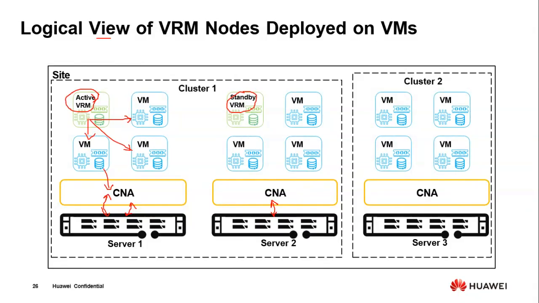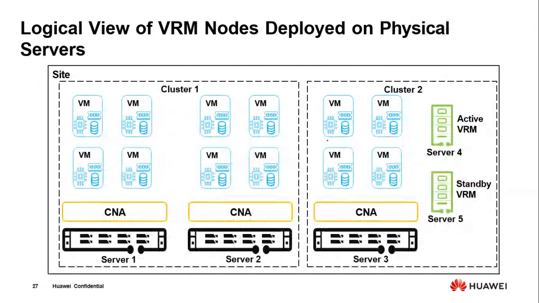If it is a standby VRM, it means that it's not used until when it's necessary. Basically, this is something like a backup, more or less. That's why it's called standby. The same diagram is shown here, except that now the active VRM and the standby VRM are deployed on the second cluster.